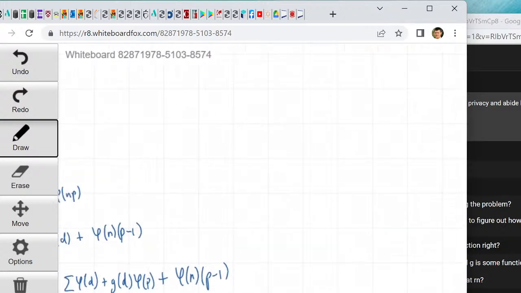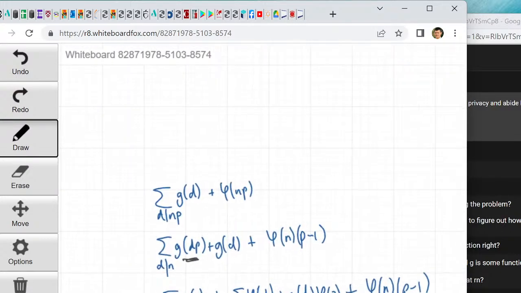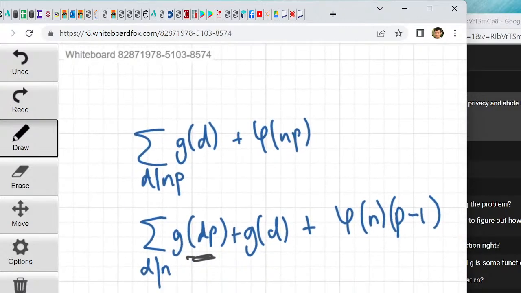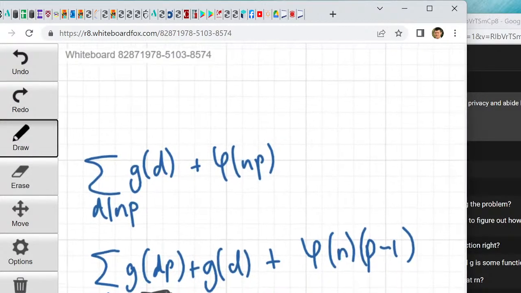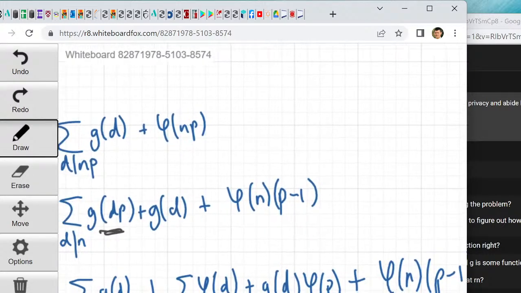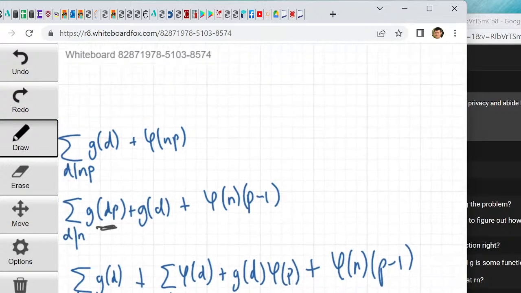Okay, does this work? Let's see. So it's the same expression, but the p might not be different. The p could just be part of n as well. Just increase the power. This line is still true. It's still true, I think.